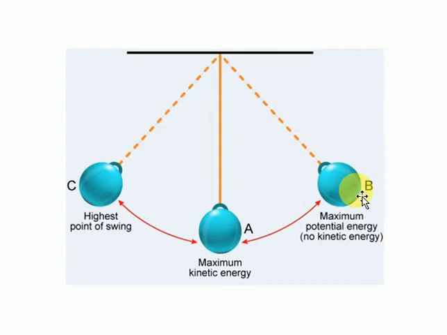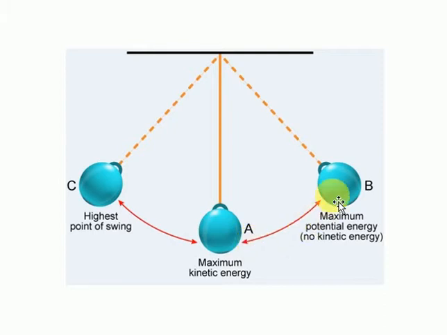When it moves towards point A, its potential energy goes on decreasing and kinetic energy goes on increasing. When it reaches point A, it possesses only kinetic energy.